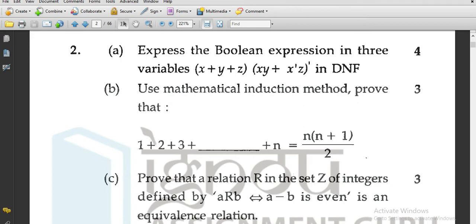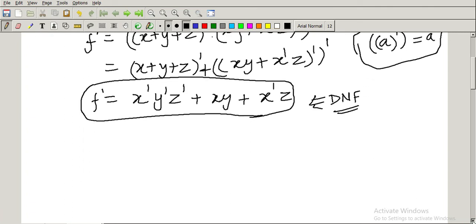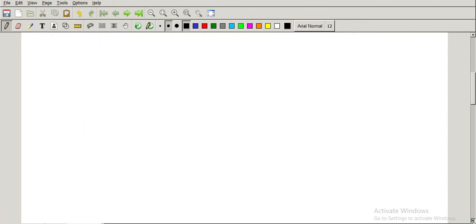So to prove this, what we have to do? Let's write it here. Question 2b, right? Which says prove that 1 plus 2 plus 3 plus up to n is n(n plus 1)/2.